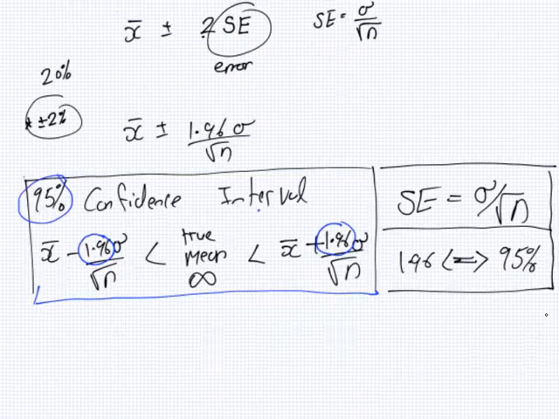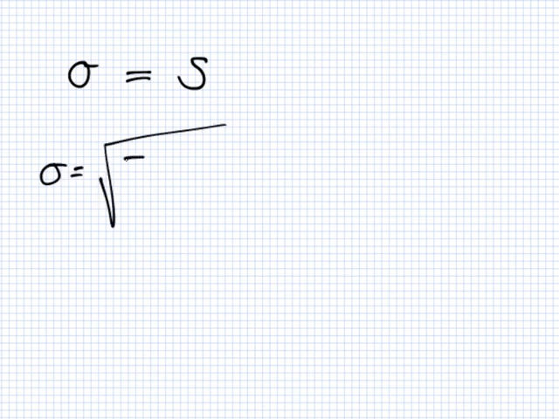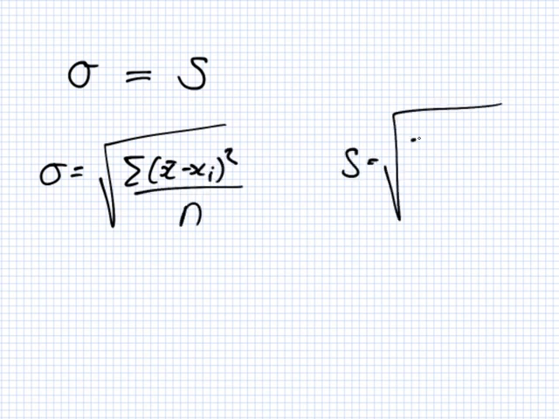Just to be technical about it, but it's not something you need to know for the exam. There is a tiny difference between this and this. For us, I'm saying that they're the same thing, the standard deviation and the standard deviation from the sample. There's a tiny difference in the formula. This one here is the square root of the sum of (x average minus xi) squared over n, where this one is the sum of (x average minus xi) squared over n minus 1.